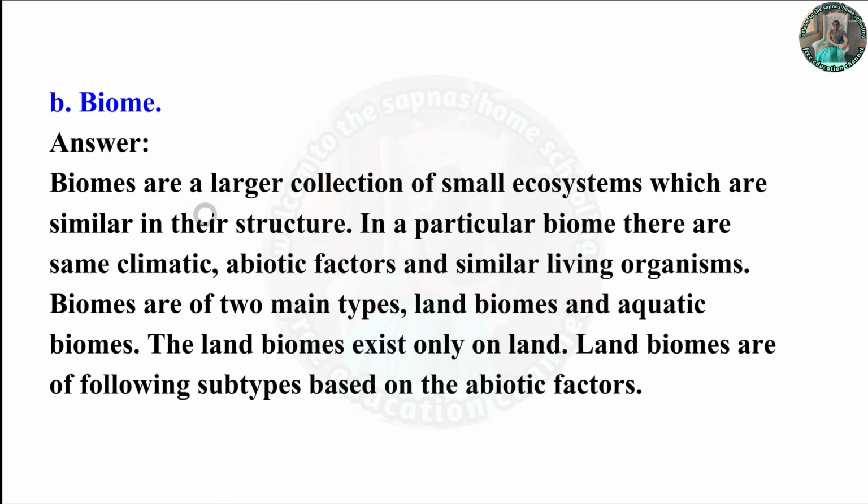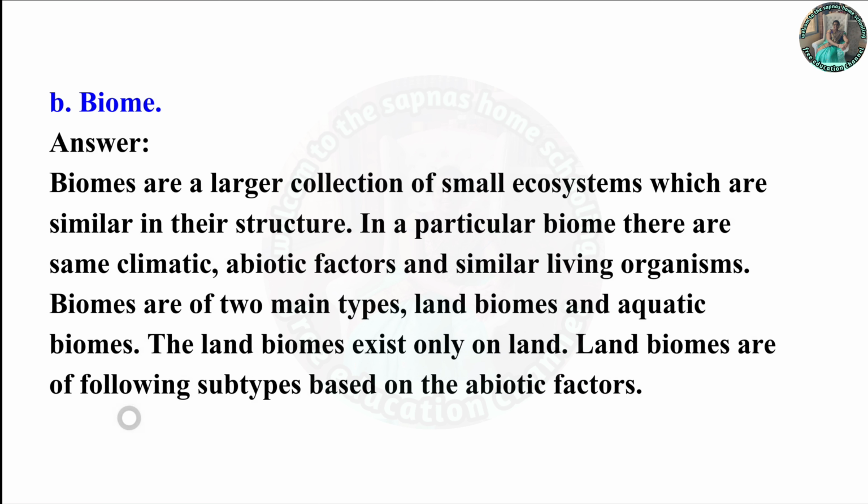Biome. Biomes are the large collection of small ecosystems which are similar in their structure. In a particular biome, there are some same climatic abiotic factors and similar living organisms. Biomes are of two main types: land biomes and aquatic biomes. The land biomes exist only on land.